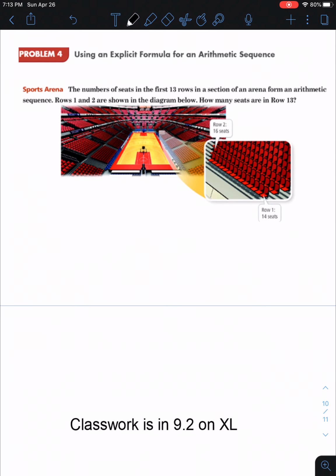The last problem that we're going to look at today is using an arithmetic sequence in a story problem. It's a stadium. They've given us in this picture row 2 and row 1, which tells us that the sequence looks like this. Row 1 is 14, row 2 is 16. 16 minus 14 is 2, so the common difference is 2.